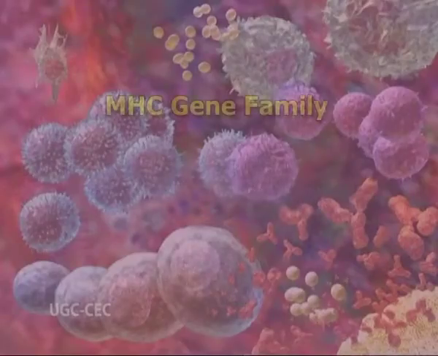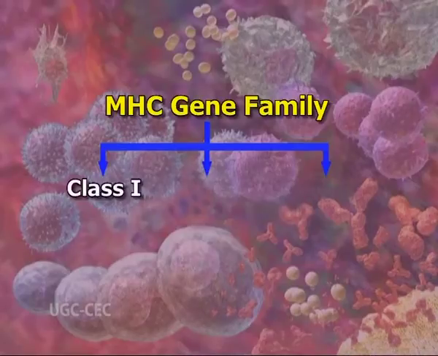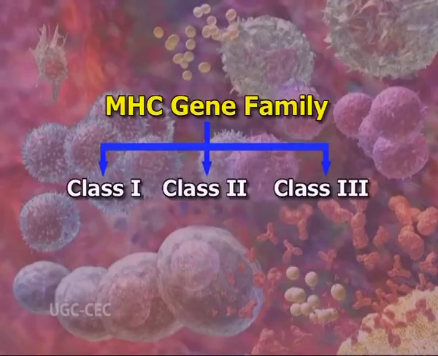MHC determines compatibility of donors for organ transplant as well as one's susceptibility to an autoimmune disease via cross-reacting immunization. In humans, MHC is called human leukocyte antigen. The MHC gene family is divided into three subgroups: class 1, class 2 and class 3. MHC proteins have an immunoglobulin-like structure.